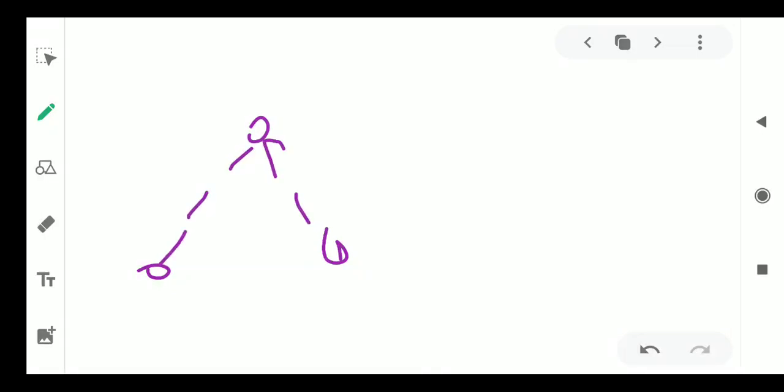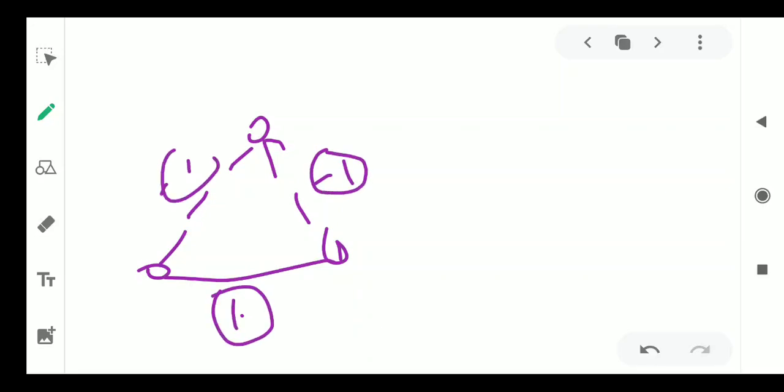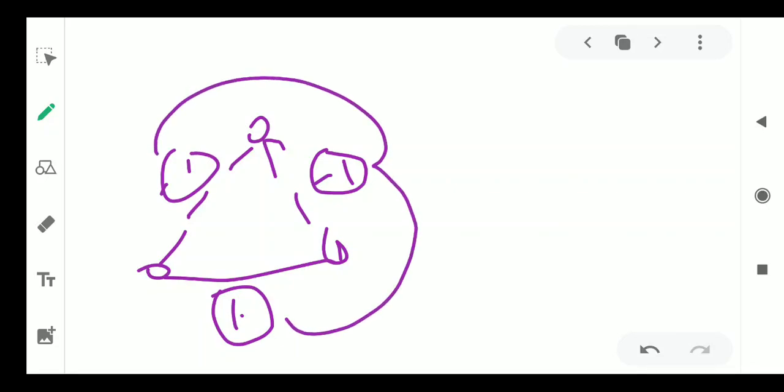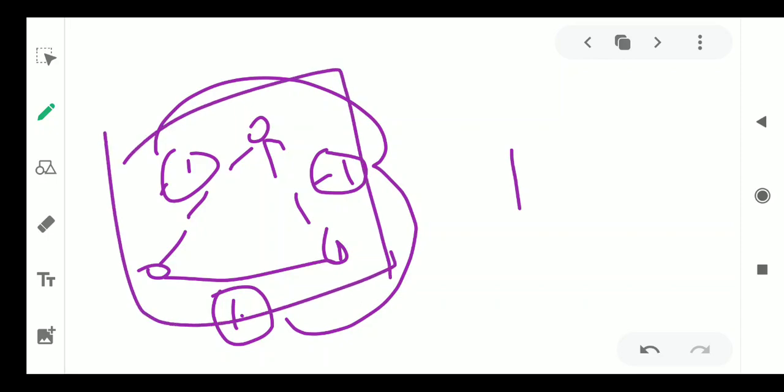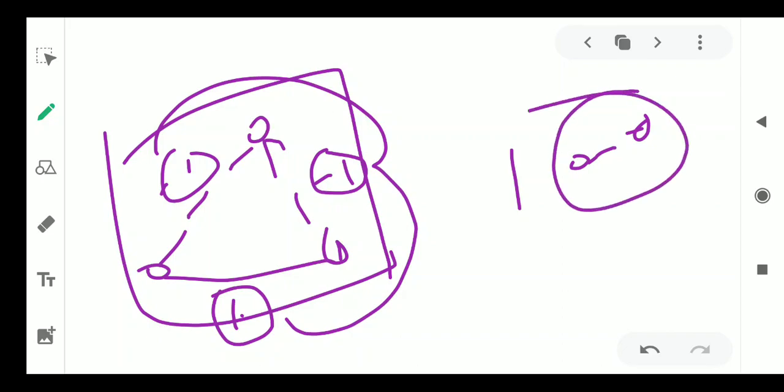Here the edge symbol is 1, here it is minus 1, here it is minus 1. 1 into minus 1 into minus 1 is 1. So this is an example of a balanced sine graph. Then one more example, you see this one. There is no cycle. If there is no cycle, it is already balanced. If there is a cycle, the product of the edge symbols must be 1.